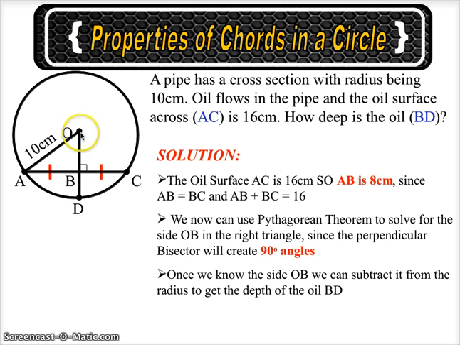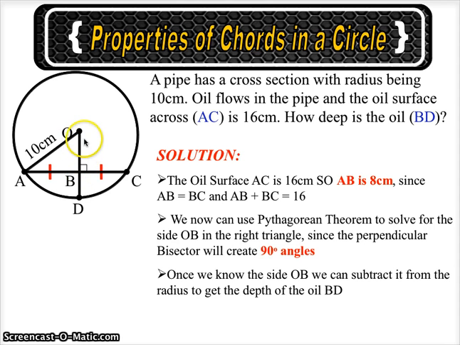Once we know OB from the Pythagorean theorem, we can use this to find out BD. OD will be just OB plus BD. Remember, we are looking for BD. So in essence, we are finding the third side of this right angle triangle.